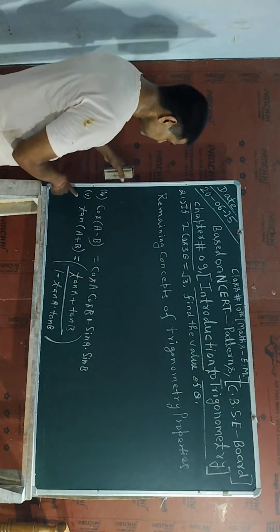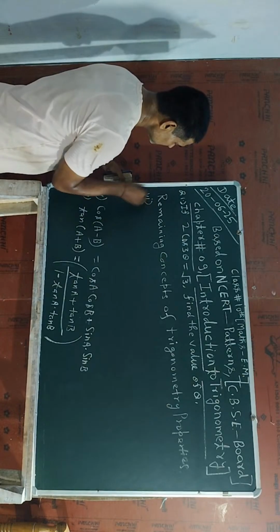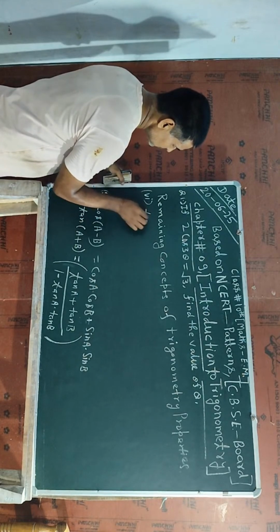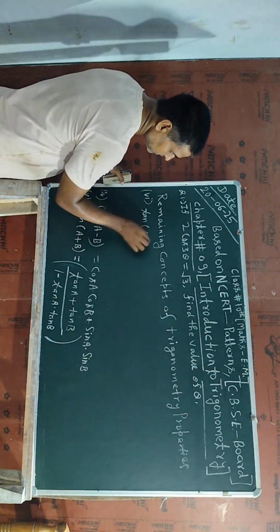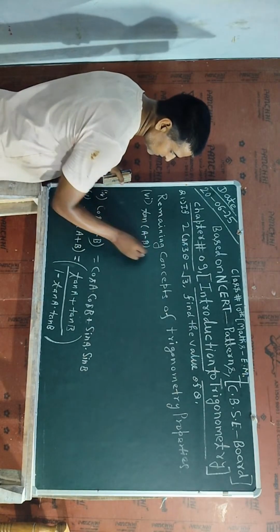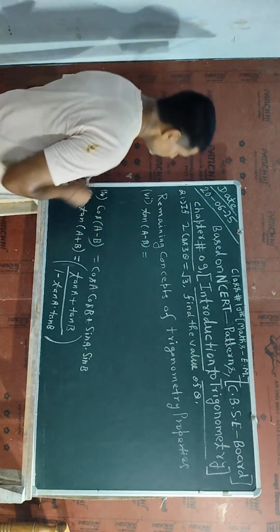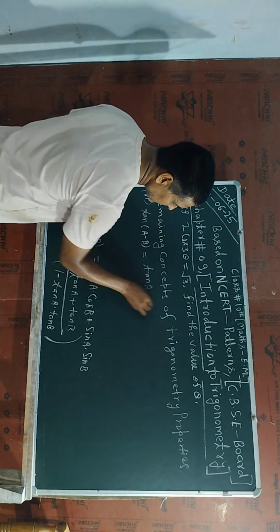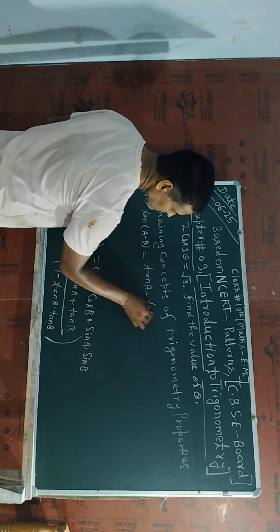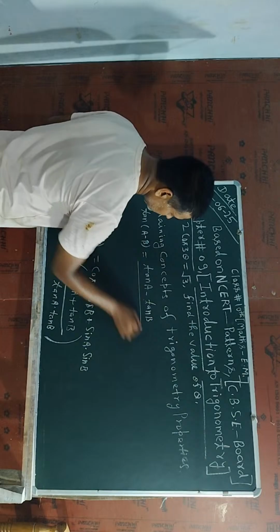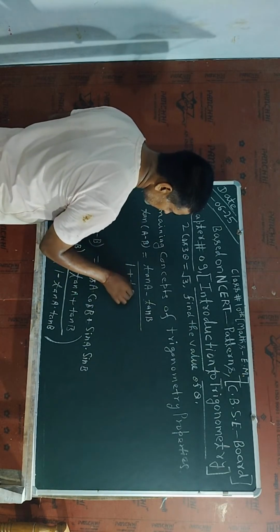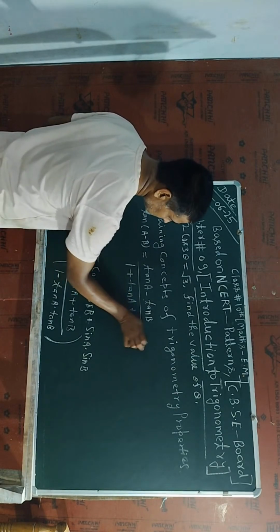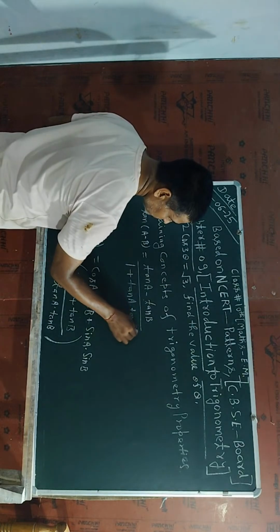Now this is formula 5, now this will be 6. In this case I have taken A minus B of tan, so it will be written as tan(A minus B). In this form I will write tan A minus tan B, and here I will write 1 plus tan A into tan B. So this is the formula and we have to remember it positively.